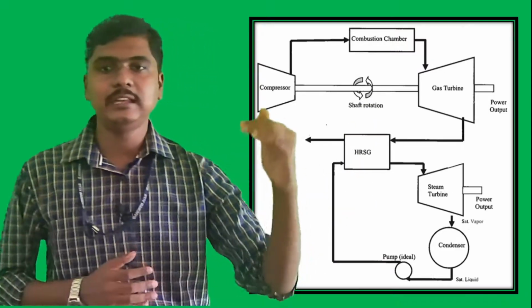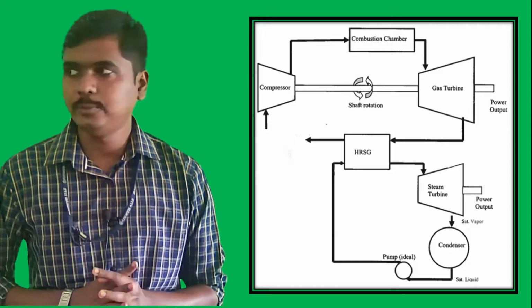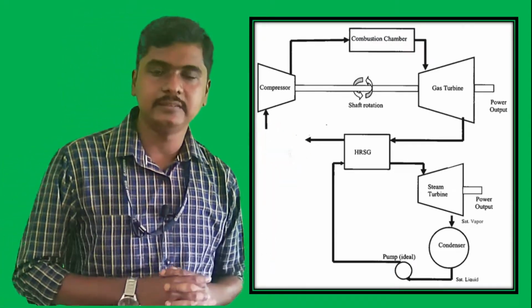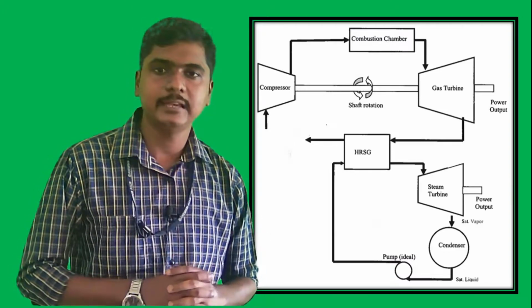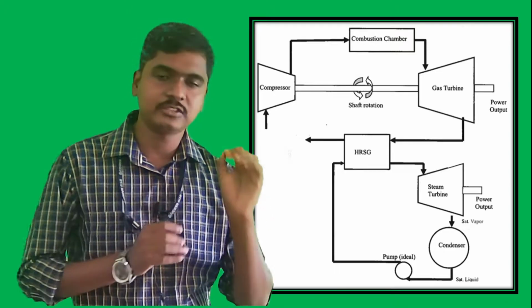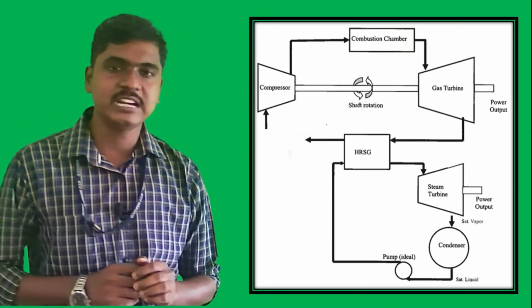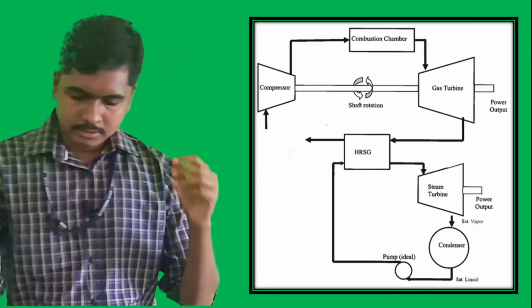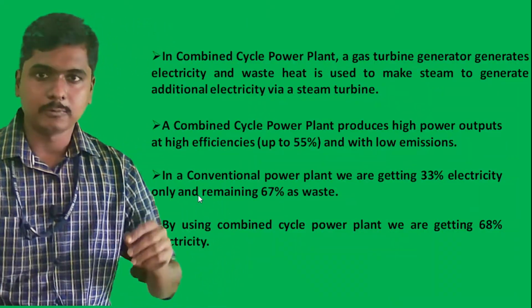And if the net mechanical work output will be more, so obviously we are going to get a higher thermal efficiency in case of combined cycle gas turbine power plant. Okay, so that is the striking advantage of a gas turbine power plant as compared to the individual power plant.